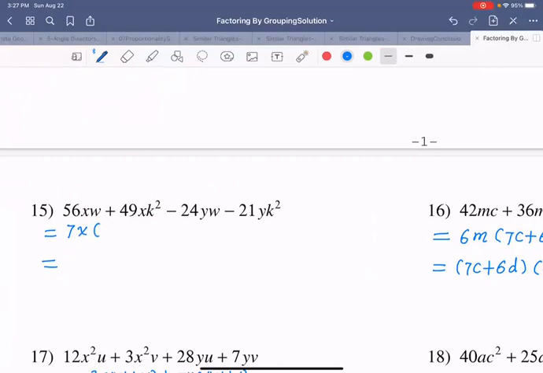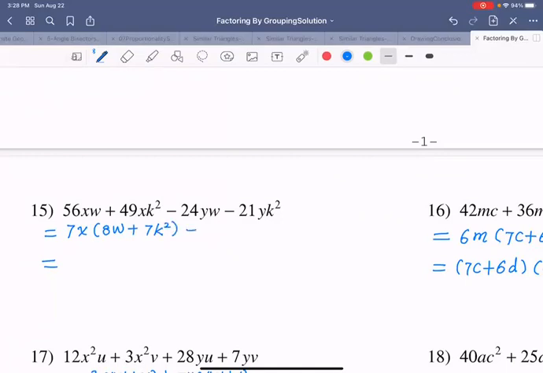You're left with 8w plus 9, plus 7k squared. There you go.